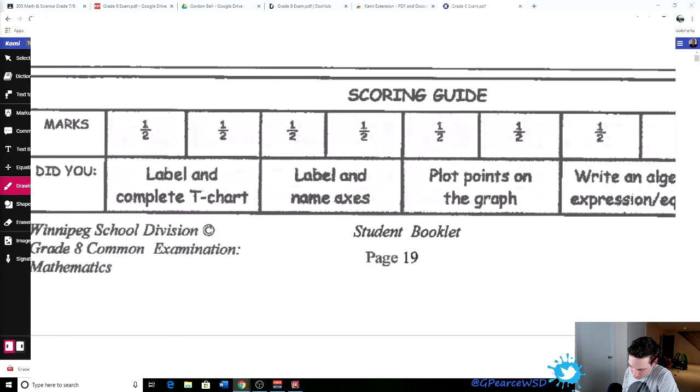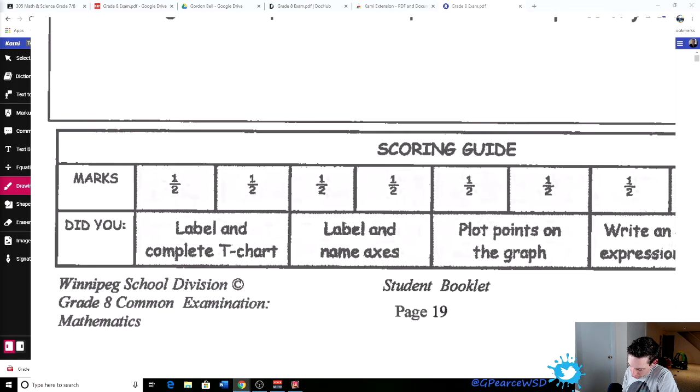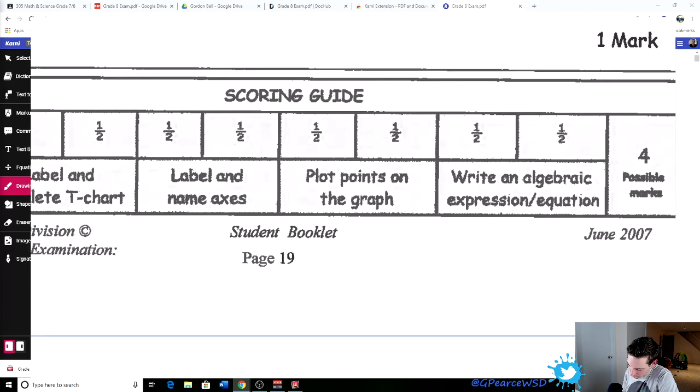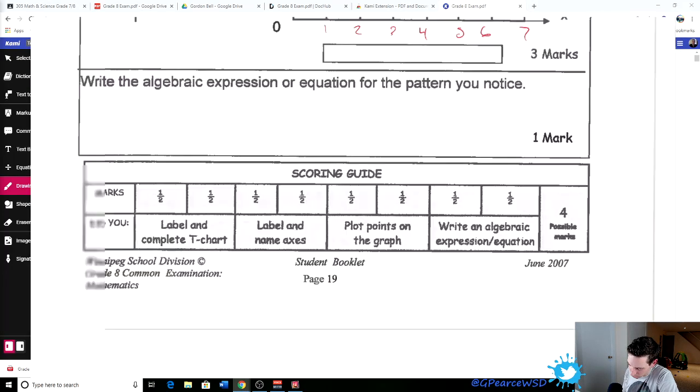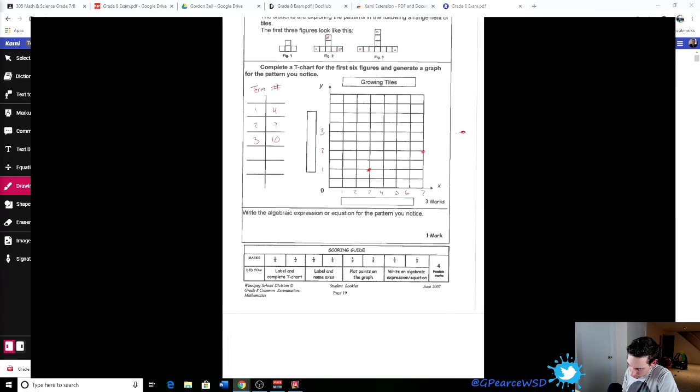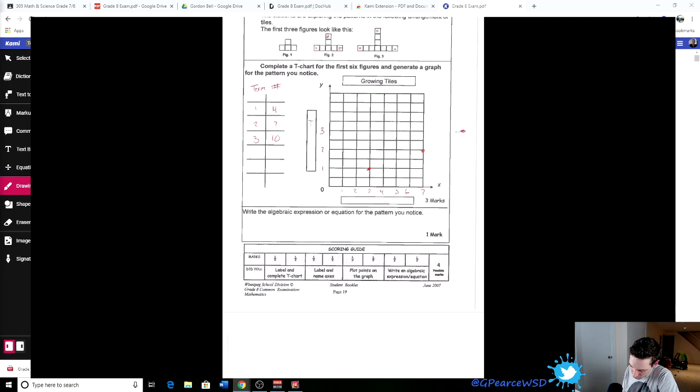Complete the t-chart, label the axis, names, plot the points on the graph, write an algebraic expression for each equation. So you could label this term, you can write number, algebraic expression.